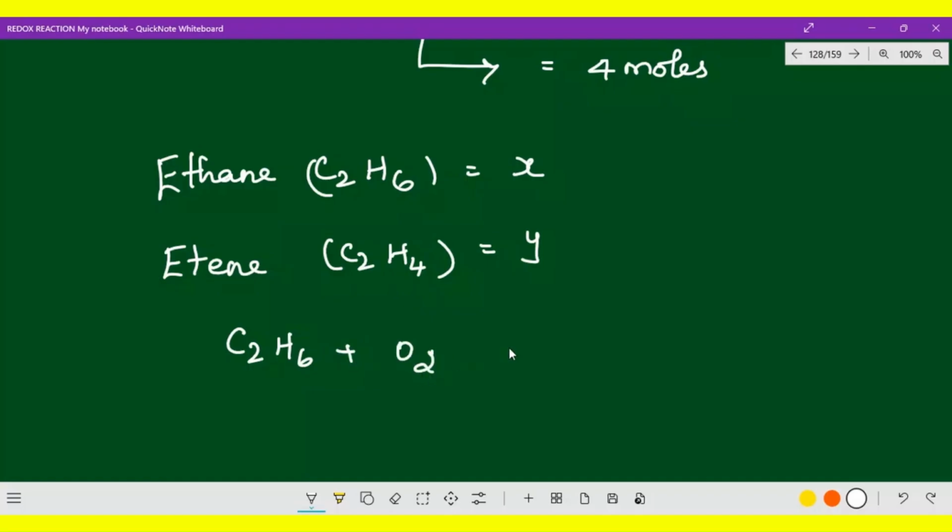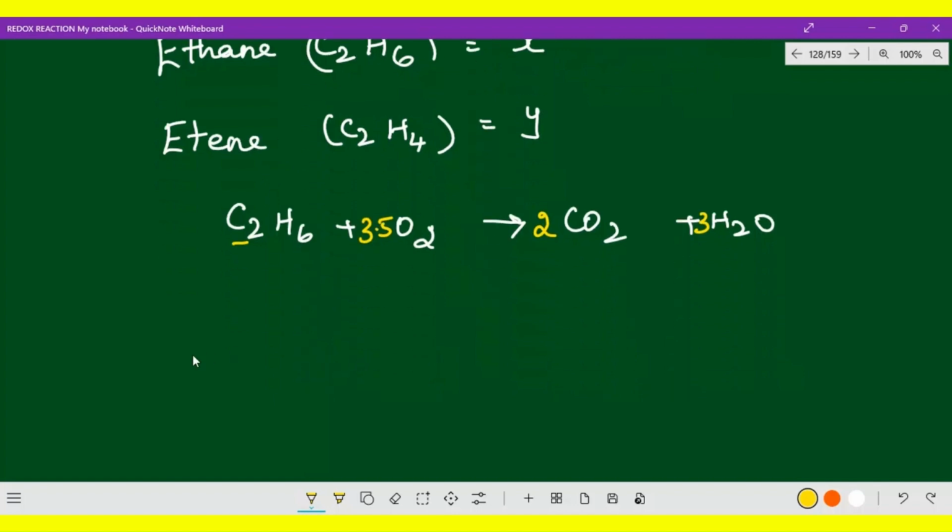Combined with oxygen, you will get carbon dioxide and water only. So CO2 plus H2O. CO2 and H2O means here 2 is there, so naturally you will get 2 CO2. Here oxygen, 4 plus 1, 5, so 3.5 O2. You will get 3 water molecules, so 3 times 2 is 6 hydrogen.